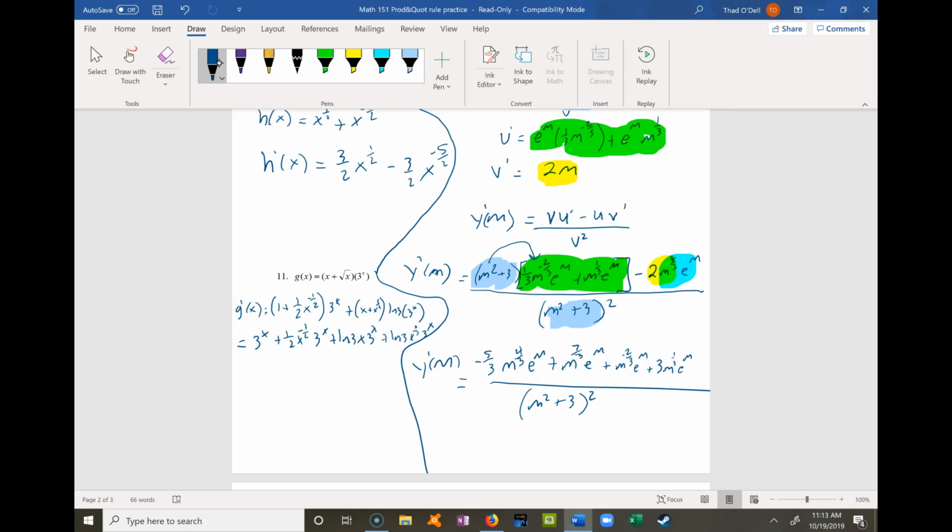Do we have any common or any like terms? No, not really.